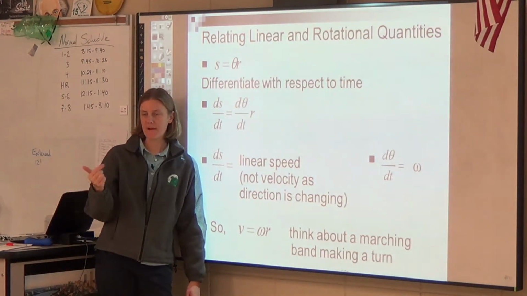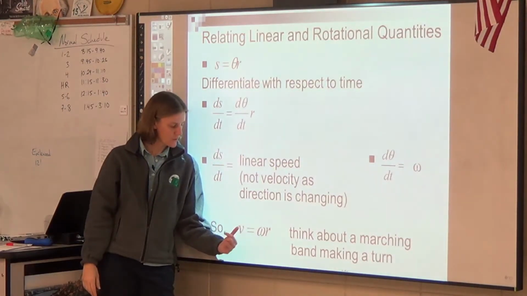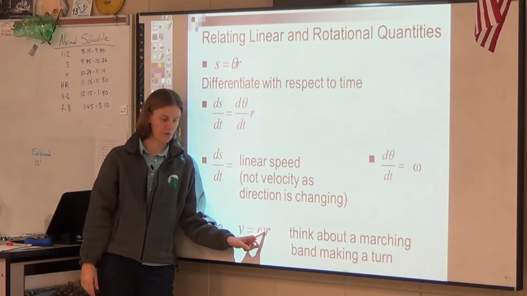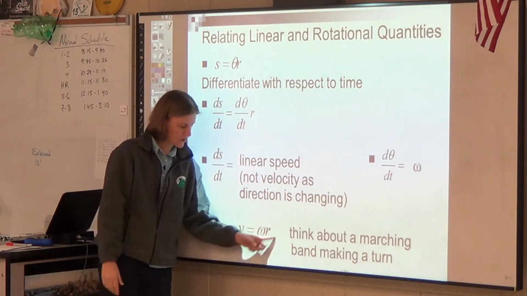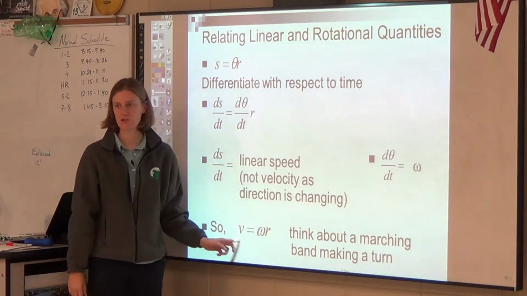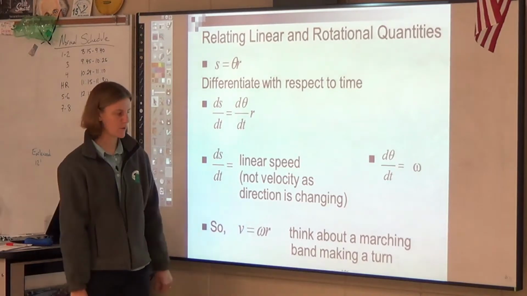But who's got to walk faster? The people on the inside of the turn or the people on the outside of the turn? Outside of the turn. So that's why your linear speed is based off of the radius. The farther away you are, the bigger the radius, of course, the faster that person would have to be walking. So there's one helpful relationship. That equation makes sense? I like to think of it as a marching band equation.